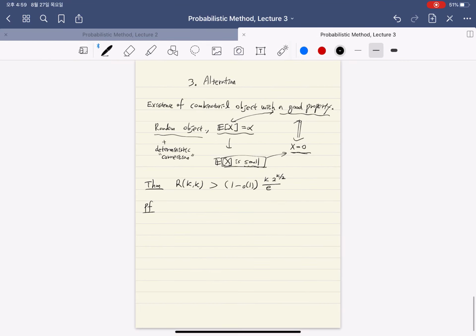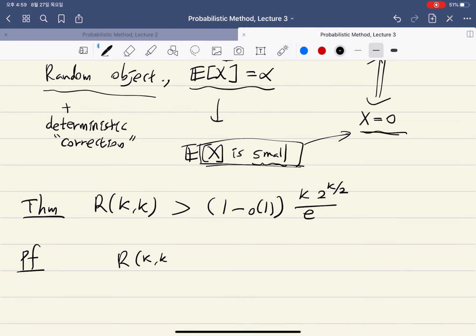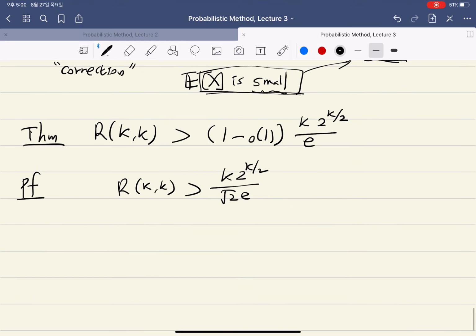Before, when we proved R(k,k) is bigger than square root of 2 e under k times 2 to the k over 2, what you do is you take n vertices, and then you color the edges red or blue in a random way, and then you make sure that this n is set to some number so that with positive probability you can actually get a coloring which doesn't give us any monochromatic clique of size k.